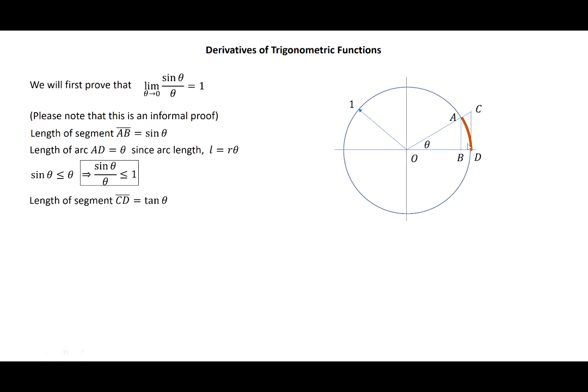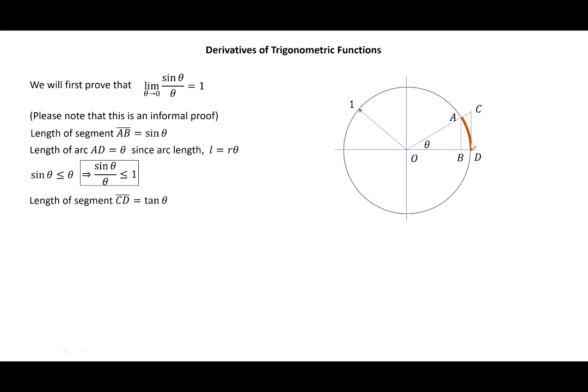Opposite is CD, adjacent is OD for the triangle ODC. But the length of OD is 1 because that's the radius of the circle. So tangent theta is equal to the length of segment CD divided by 1, which is just CD. So the length of segment CD is tangent theta.